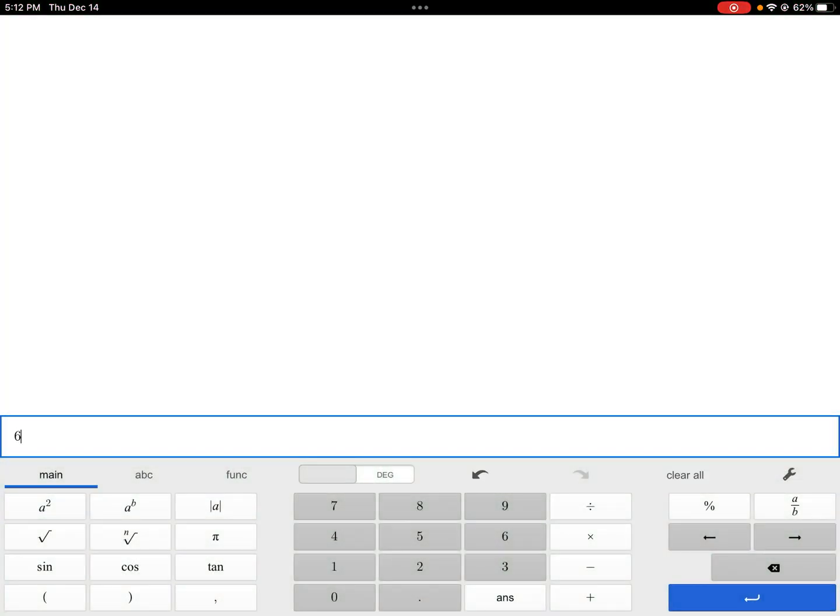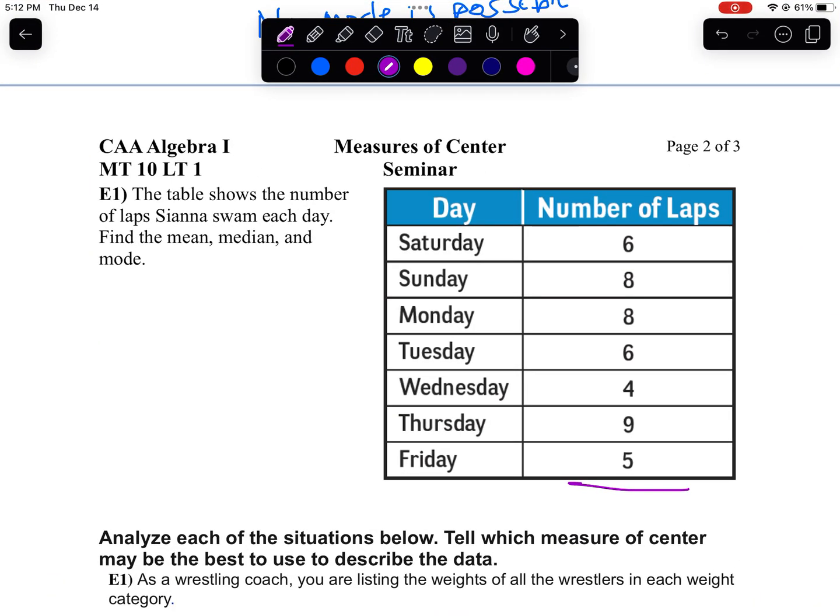I'm going to go 6 plus 8 plus 8 plus 6 plus 4 plus 9 plus 5. And when I do that, notice I get 46. So my total for x bar is 46.